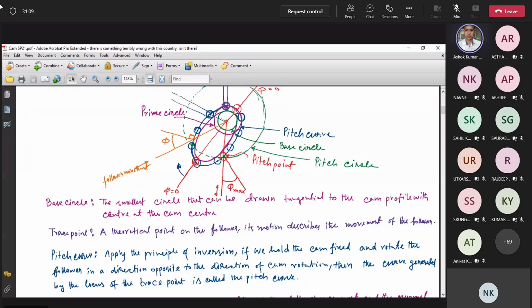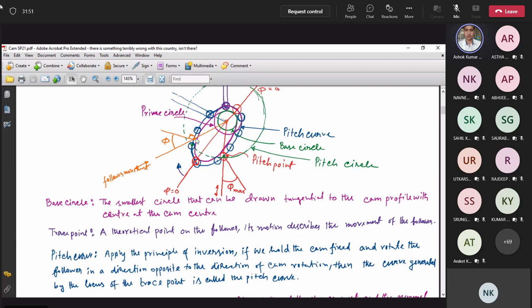Let us take this as the pitch curve. Now we draw a normal. We select a point here and draw a normal. This is the normal to this pitch curve. Normal means at this point a line which is locally perpendicular to this curve. That is the normal we have drawn here. Now the other line is the line of movement of the follower. This is a radial translating follower.